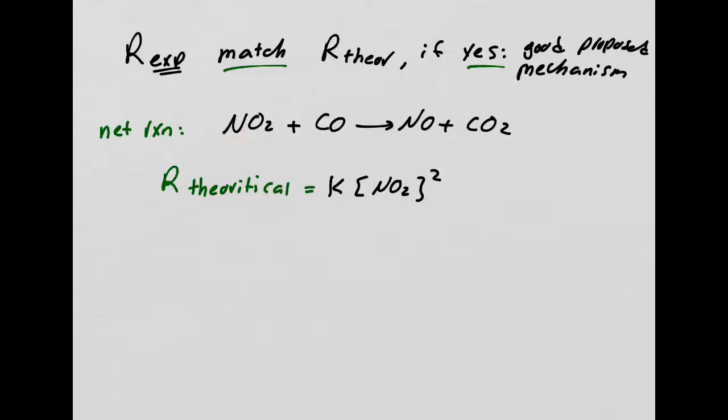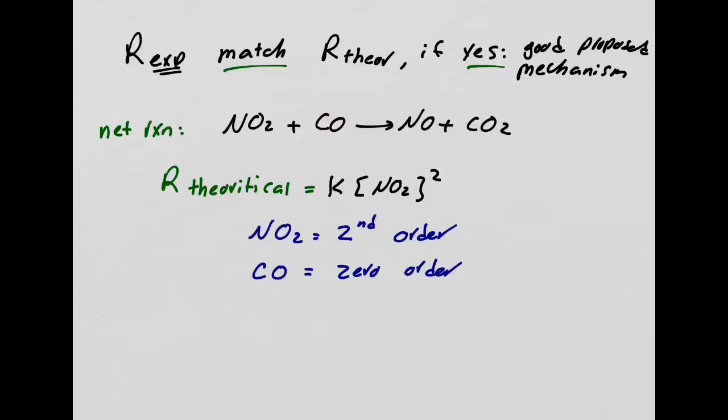Based on this, NO2 is second order, because this one says it has a power of 2. Now, based on this, what do you think the order for carbon monoxide is? It's 0 order, because it does not show up in my final rate law equation.